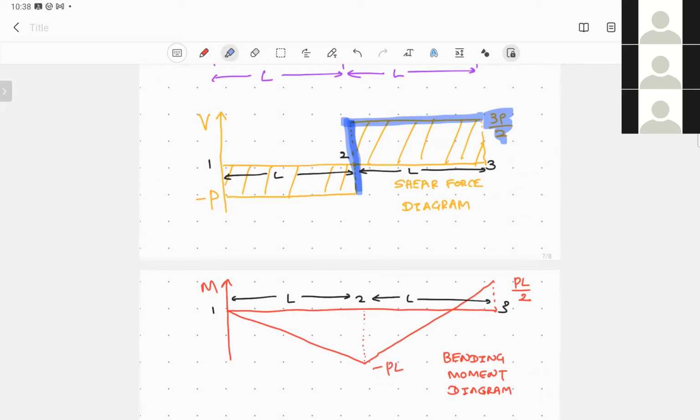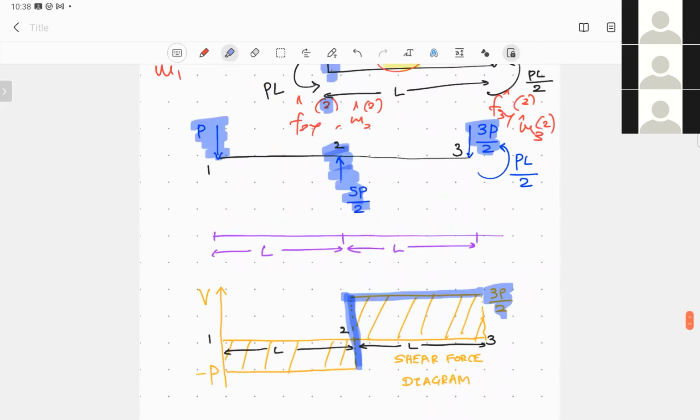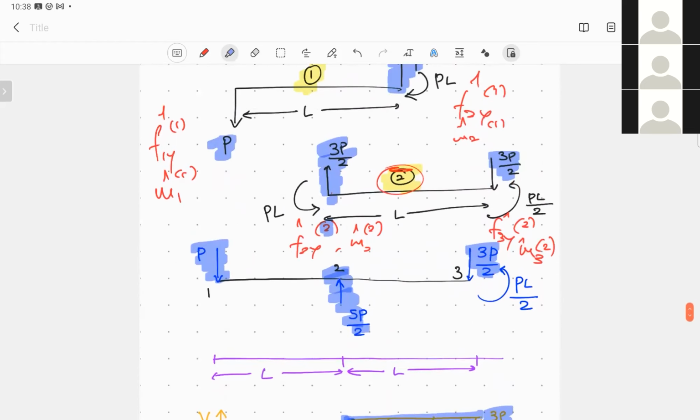Similarly, you can draw the bending moment diagram for these two elements.